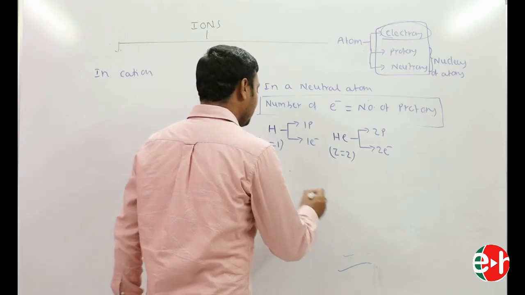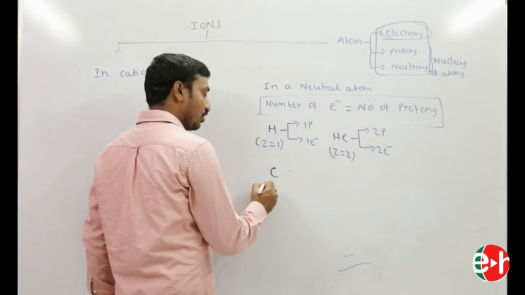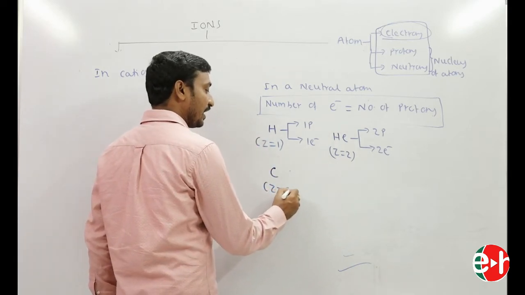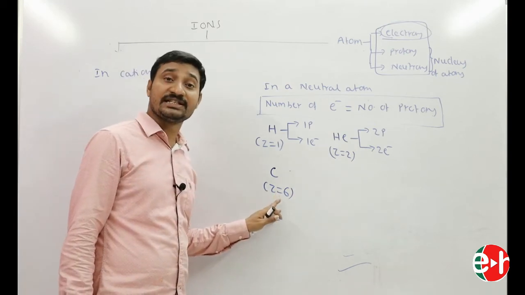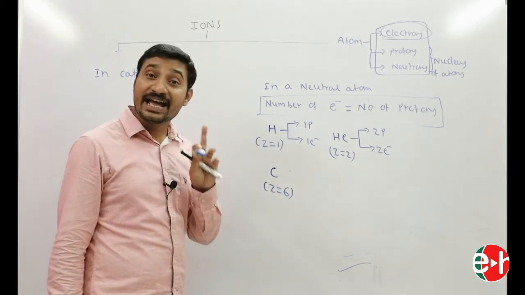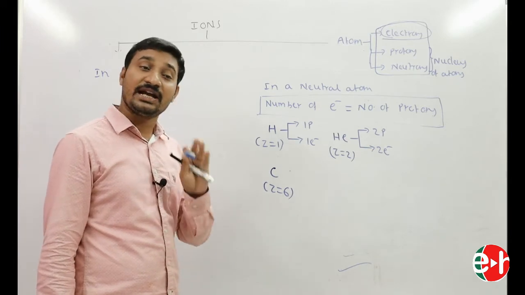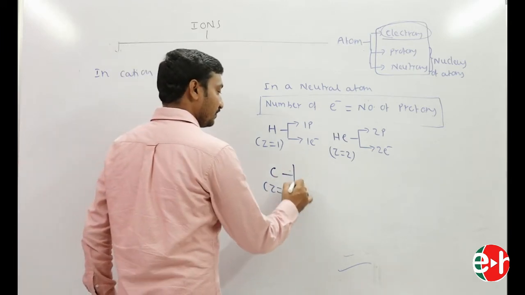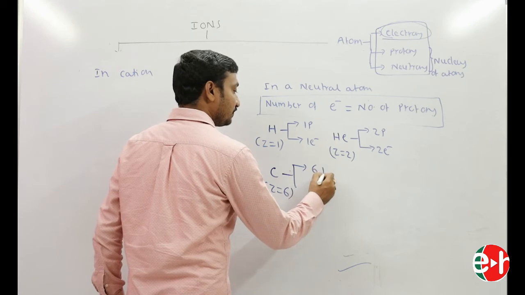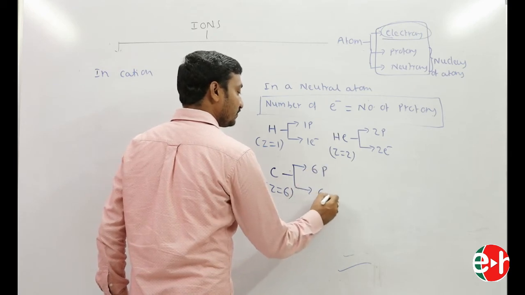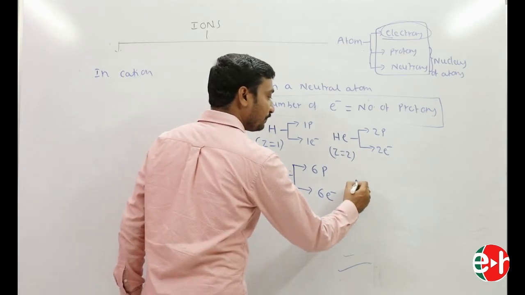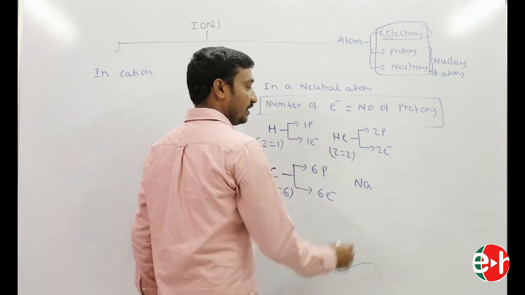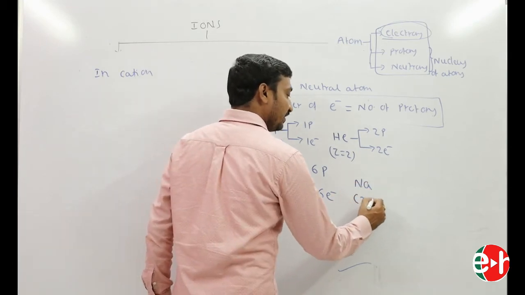Now, carbon has atomic number 6, which means it has 6 protons and 6 electrons. Okay? Next, sodium has atomic number 11.